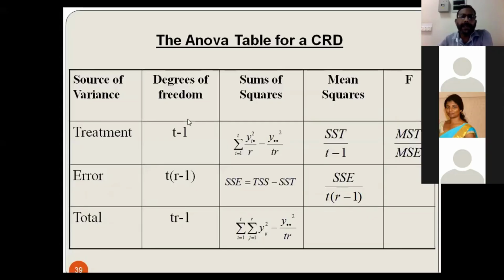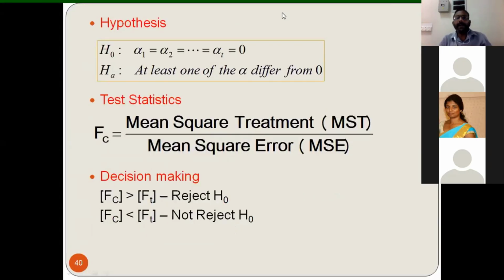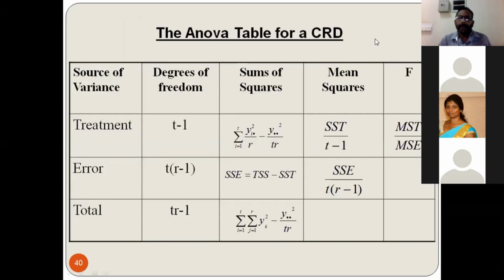Right. Now we will further discuss our ANOVA table. Any questions? So this is the expansion of the treatment sums of square, minus, treatment sums of square.